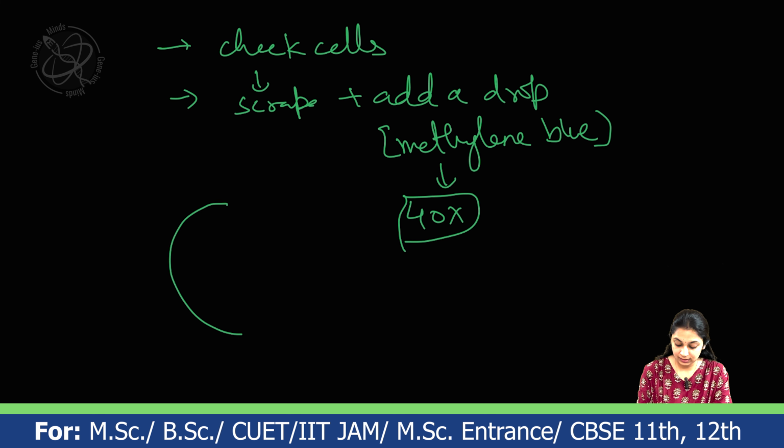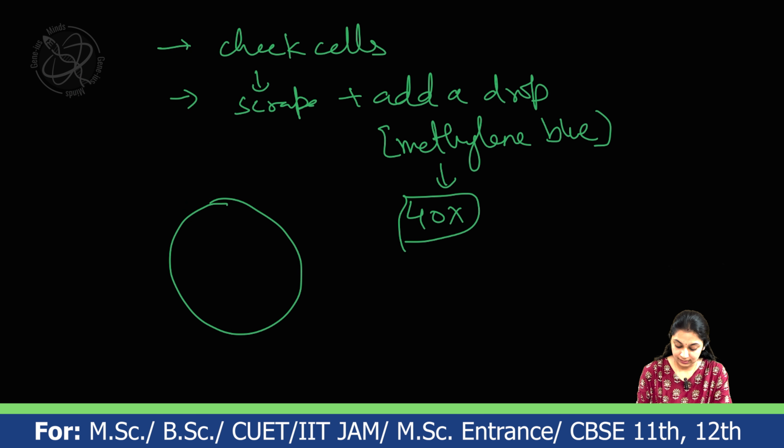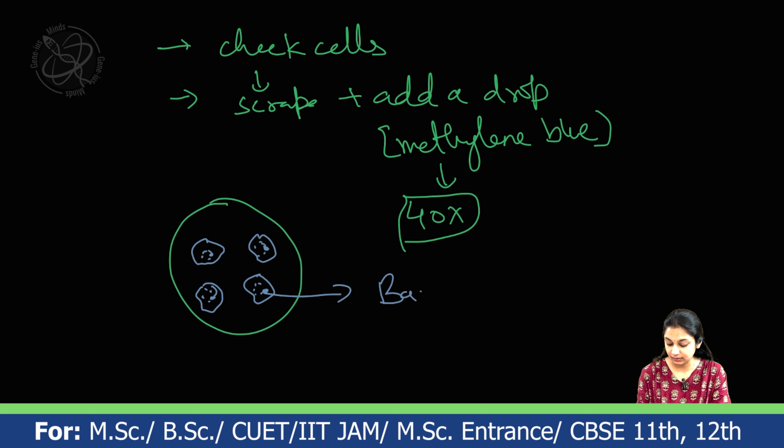You are going to see cells like this, and since methylene blue is blue in color, the cells will get stained, and on the nuclear membrane you will find a darkly stained body, that is the Barr body. This is how the Barr body appears under the microscope.